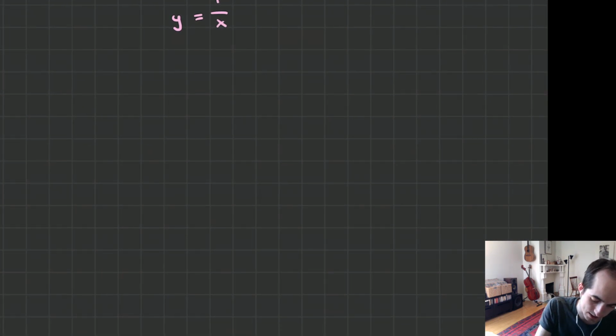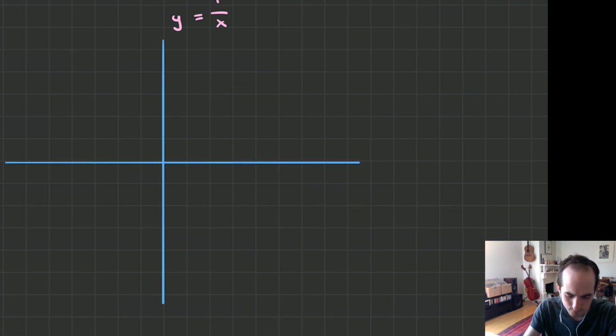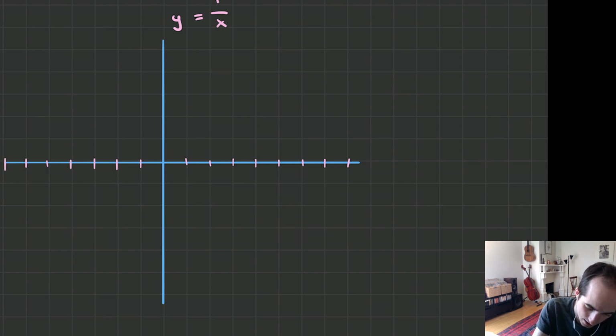So let's get started. I'm going to start off by drawing the axes, and I'm actually going to use the geometry tool on my iPad, and we'll keep it centered like this. Okay. And my grid is just a 1-to-1 scale. So this is 1, 2, 3, 4, 5, 6, 7, 8, -1, -2, -3, -4, -5, -6, -7, and up the y-axis 1, 2, 3, 4, -1, -2, -3, -4, -5.